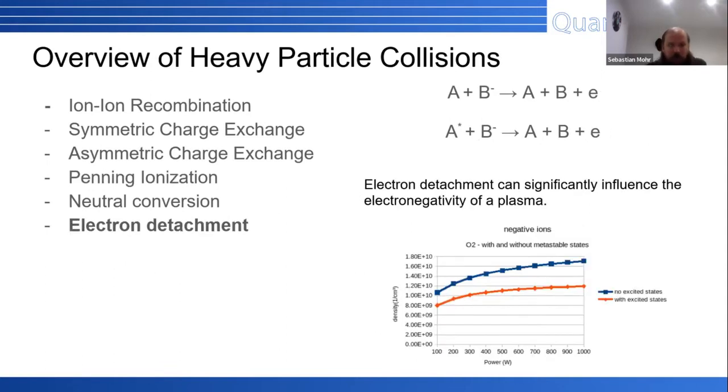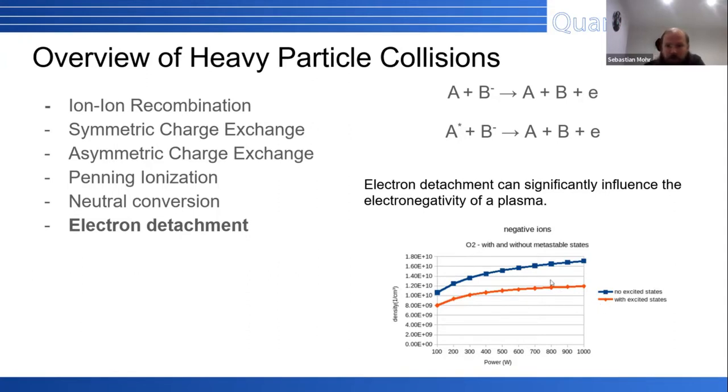Another point is electron detachment, where a neutral collides with a negative ion and strips off the electron. This can also go via excited states, and for example, O2 is quite notorious for having a metastable state, which quite efficiently strips the electrons off O minus.